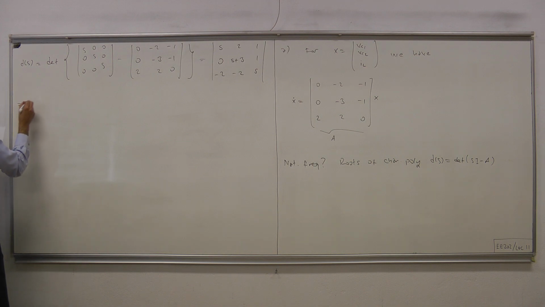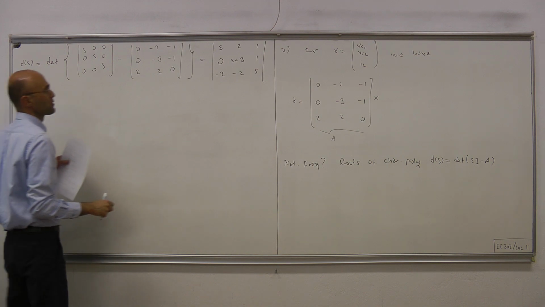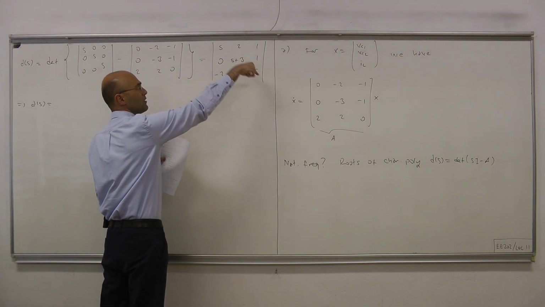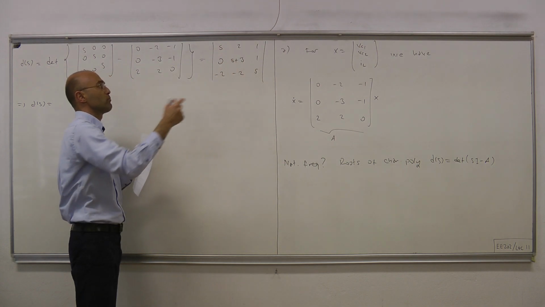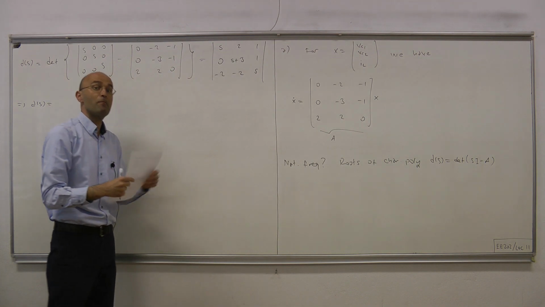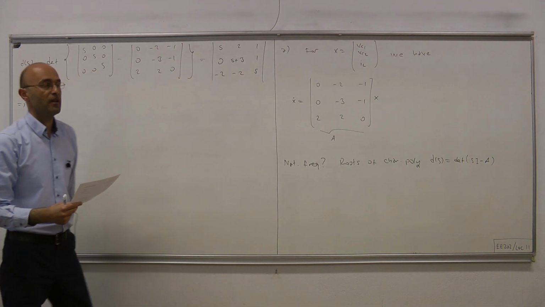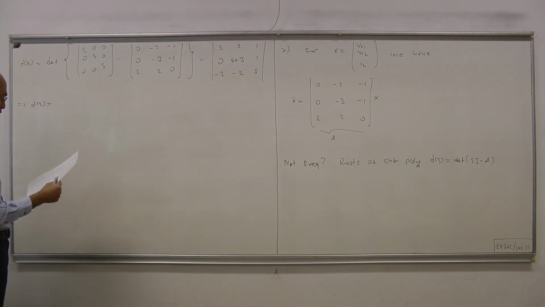So d of s equals these entries multiplied plus these 3 entries multiplied plus these 3 entries multiplied minus, then you do the opposite thing in the reverse direction.